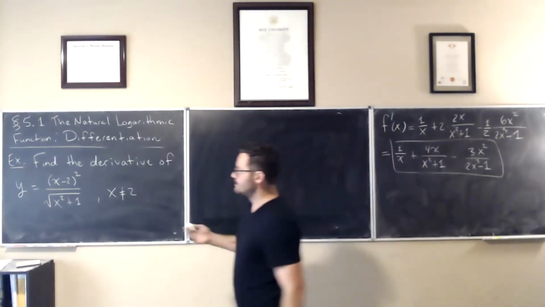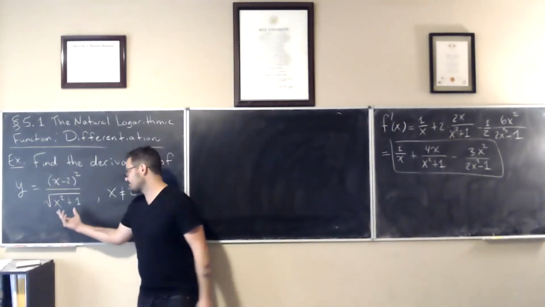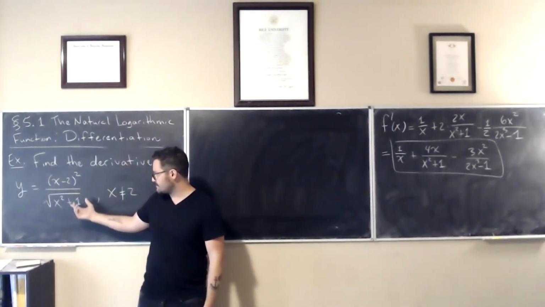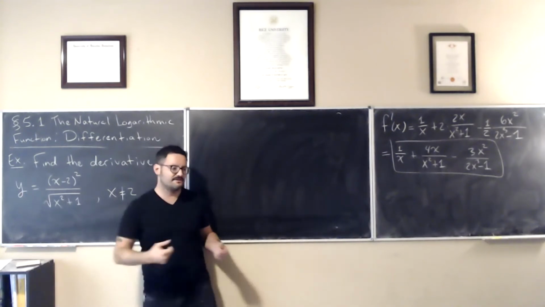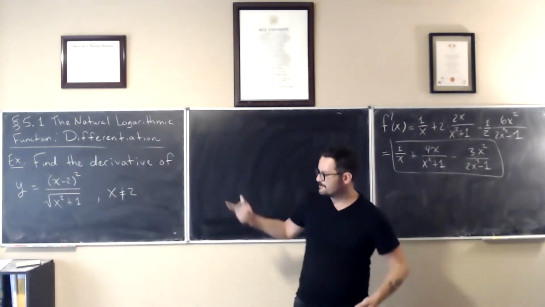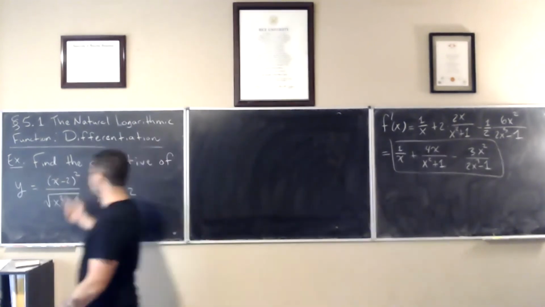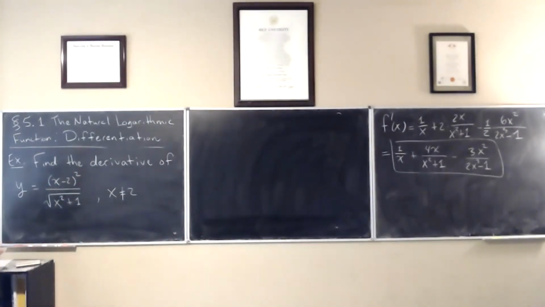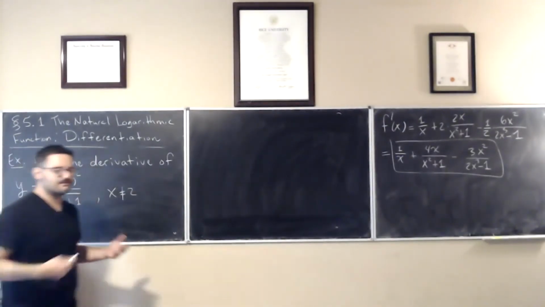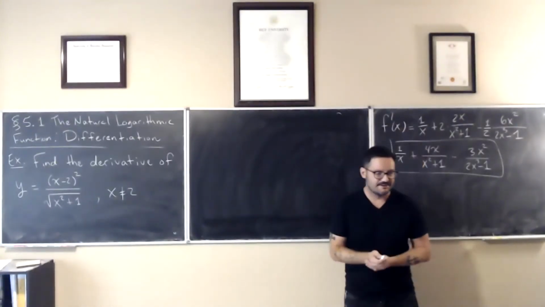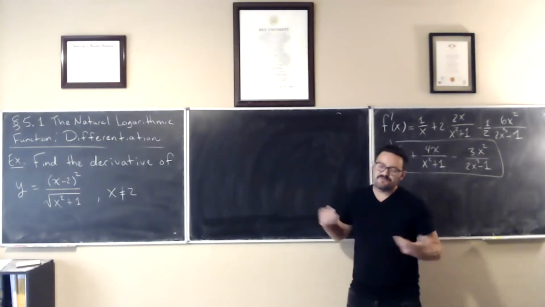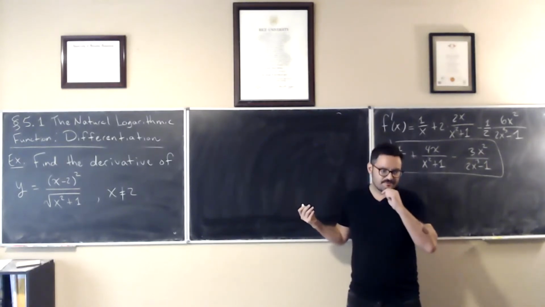Okay, so notice, I'm confident that all of us would be able to take the derivative of this if we were very careful, right? We have a quotient, we have a power there, we have another power down there. There's this messy quotient derivative formula. We could do it, right?